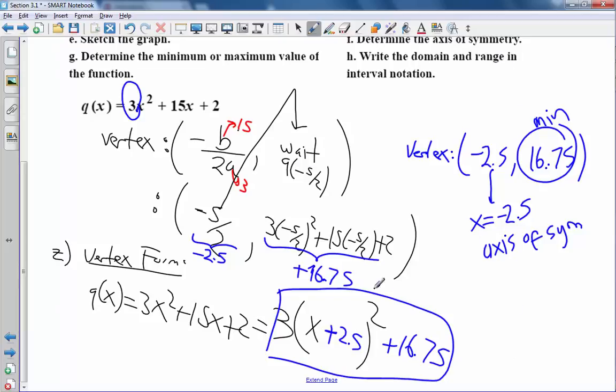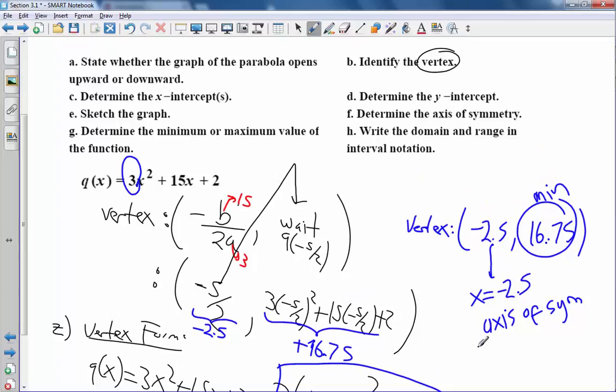You can sketch the graph because you know the vertex location and direction. And you can get y-intercept, x-intercept with less effort. You just need to flip things, set y to 0 and leave x alone. Y-intercept, I already know it, it's 2. 0, 2. Okay? So I'm not going to spend time on this one anymore. Are we good? Alright.